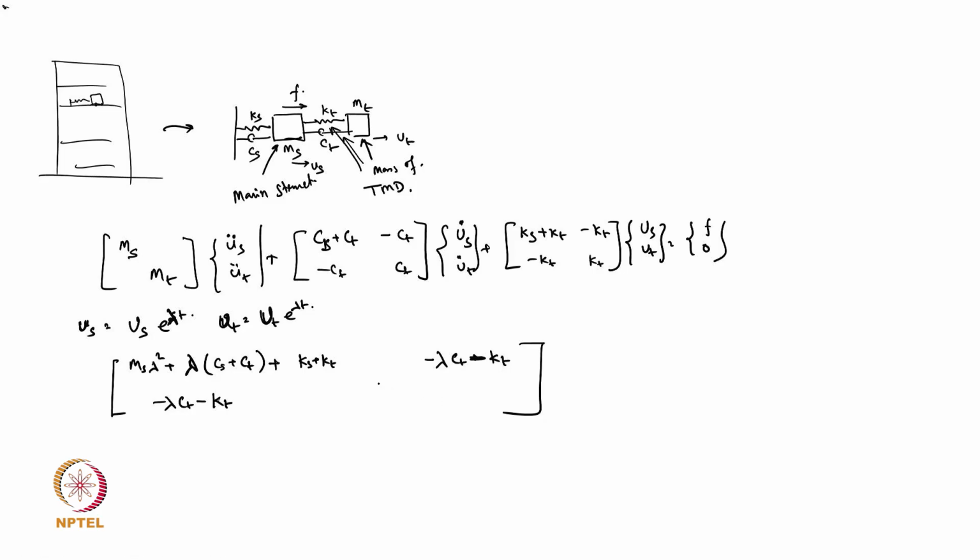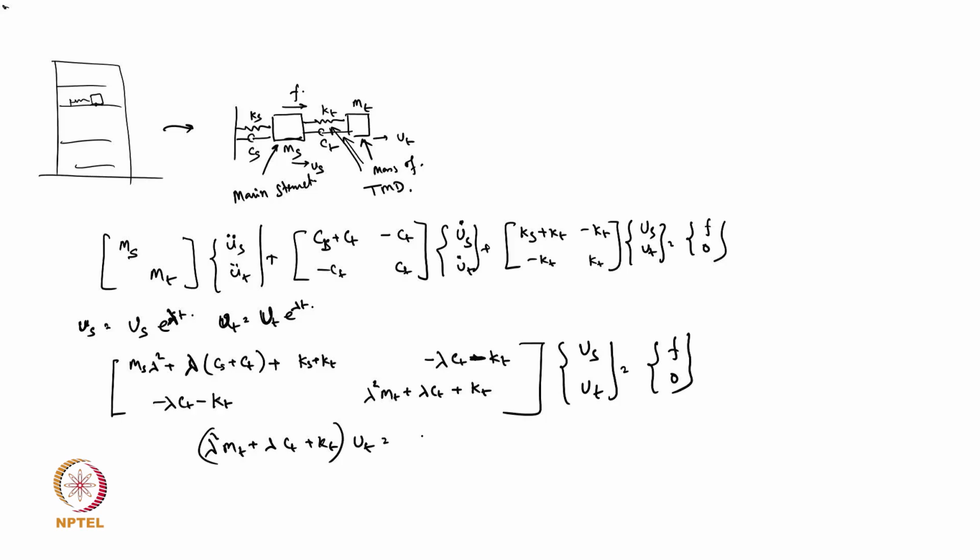So that way you can write, and then the first equation can be written as lambda square mt plus lambda ct plus kt into ut, that will be equal to lambda ct plus kt into ut.